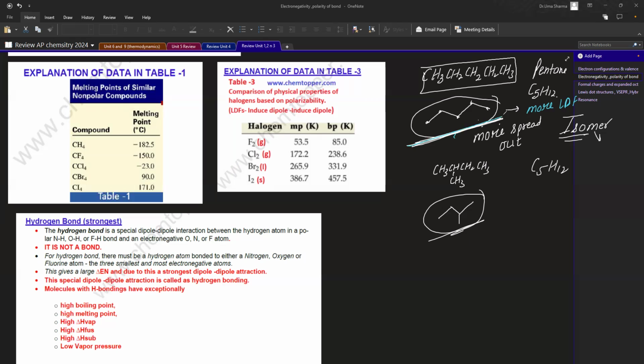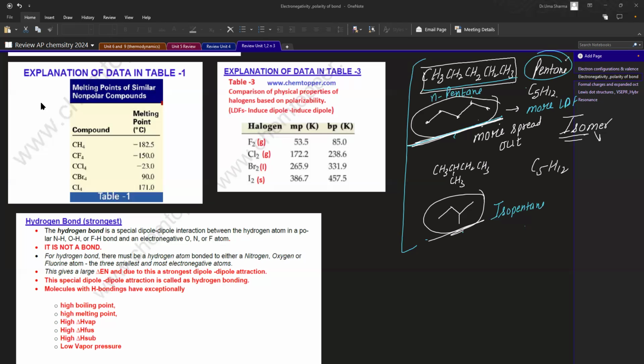So the pentane isomer which is a straight chain, we call normal pentane, and we call this one isopentane. Normal pentane has a higher boiling point than isopentane. So this question can be there in the exam. But don't worry, they will give you the structures. You need not memorize these names.